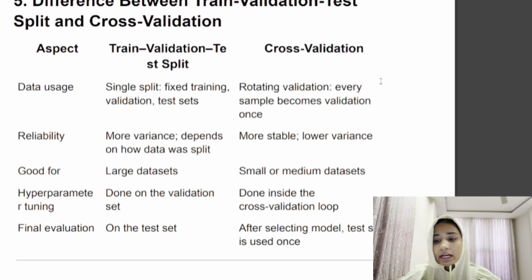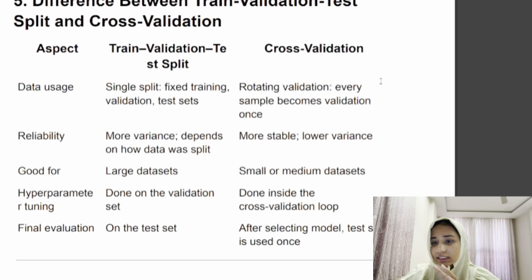Hyperparameter tuning is done on the validation set in train validation test split, and in cross validation it is done inside the cross validation loop. For final evaluation, the test set is used in train validation test split, and in cross validation, after selecting the model, the test set is used once. So this is the difference.